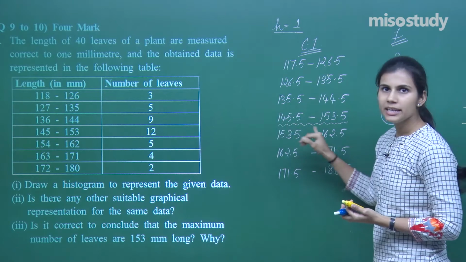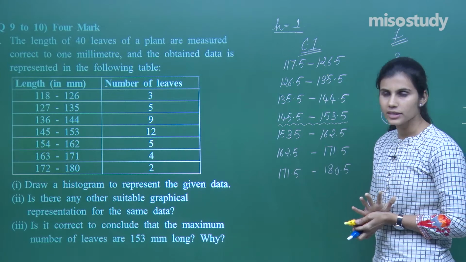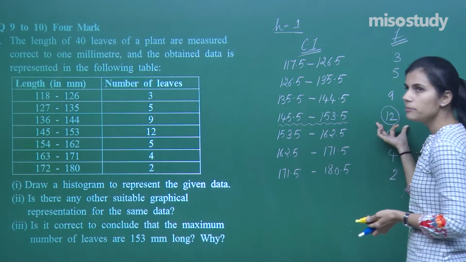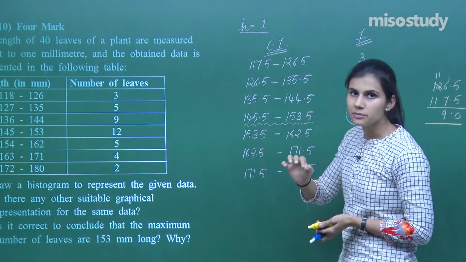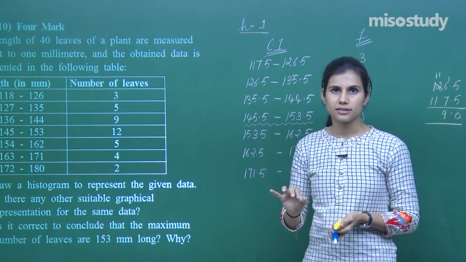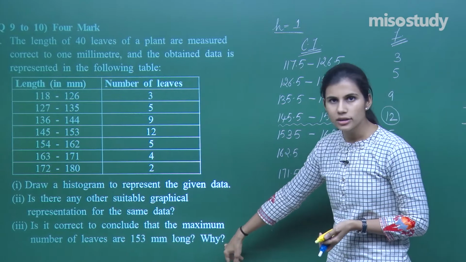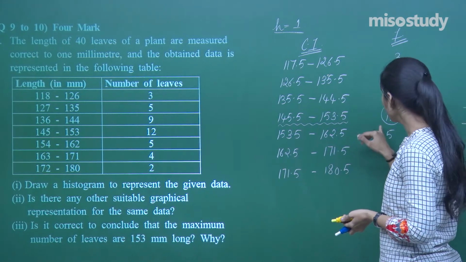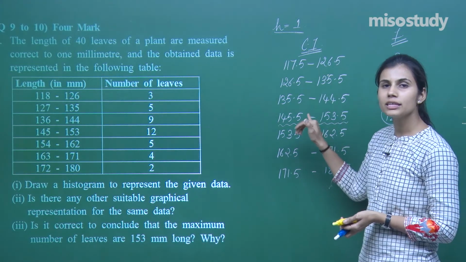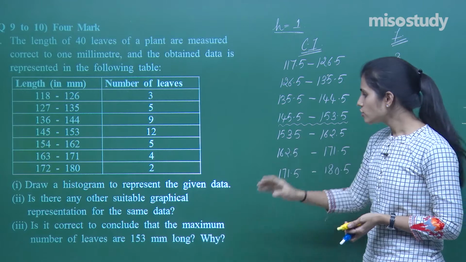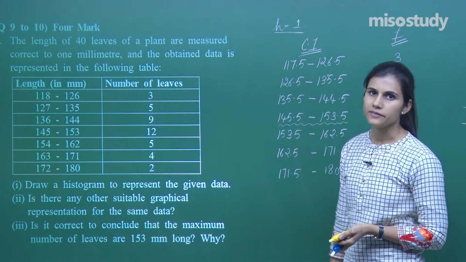Maximum number of leaves are having length lying in this range, but that doesn't mean exactly 153 is the maximum length or the largest length. So this is wrong. In this range 153 is lying, but only 153 is not lying. So I cannot say 153 is that particular length which maximum leaves are having.